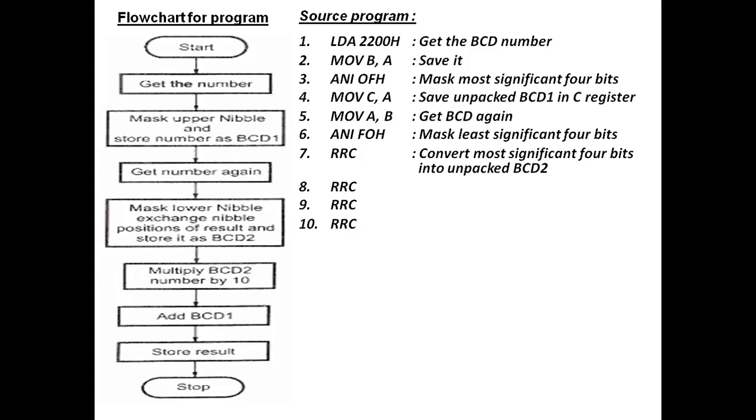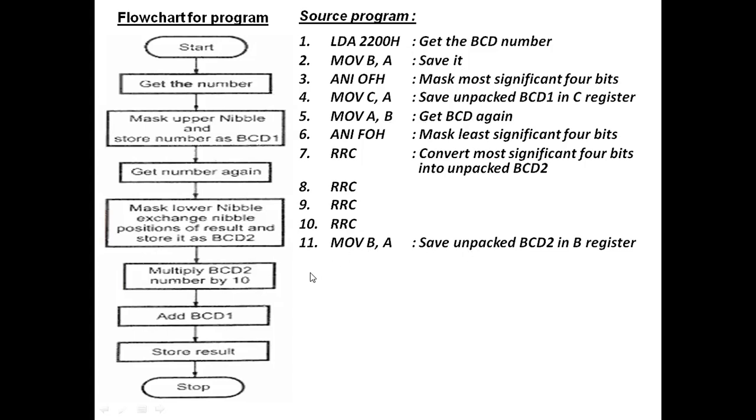And once we are able to do right rotation 4 times, the upper nibble will become now the lower nibble. And then we will save that value as a BCD2 in the B register. Now, BCD1 value is stored in the C register and BCD2 value is stored in the B register.